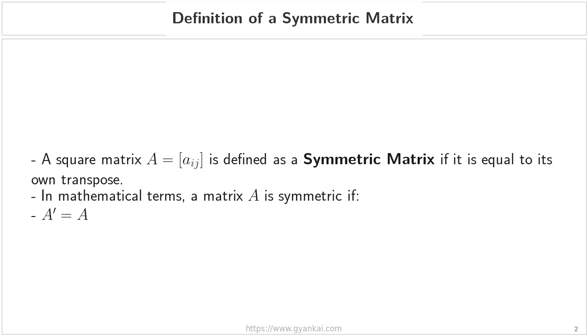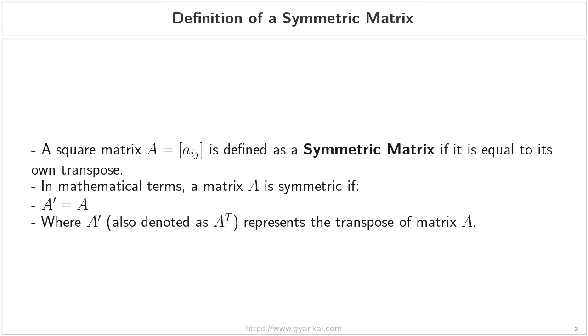To express this in mathematical terms, a matrix A is symmetric if A prime equals A. In this context, A prime, which you may also see denoted as A transpose, represents the transpose of the original matrix A. Essentially, if you flip the matrix over its diagonal and it remains unchanged, it is symmetric. In the next few slides, we will look at how this works on an element-by-element basis and how to visualize this symmetry.